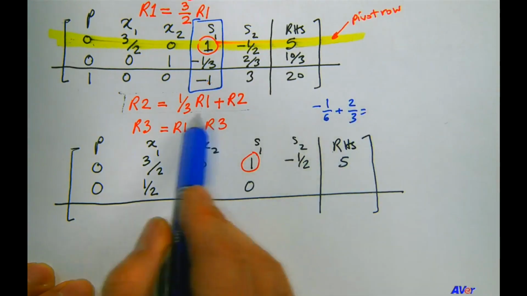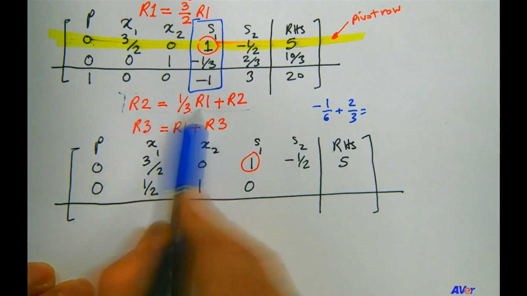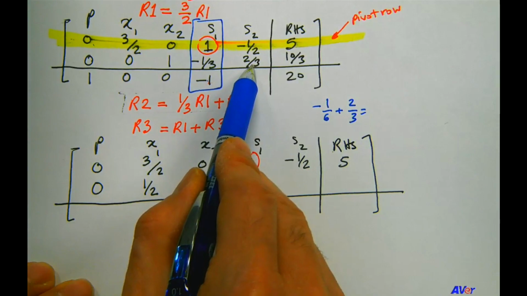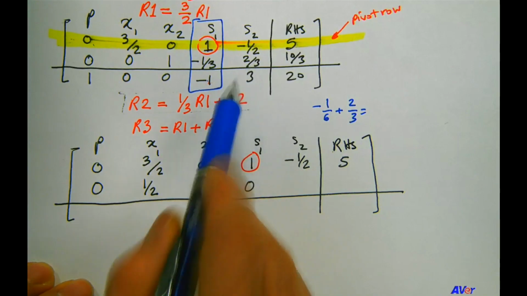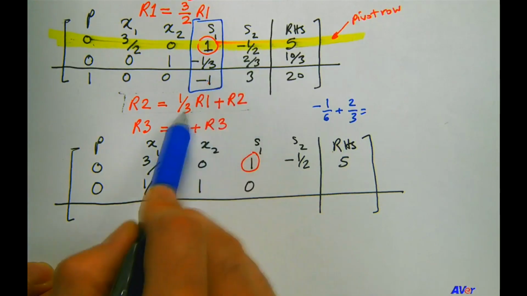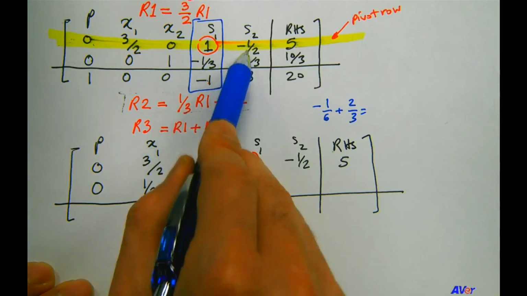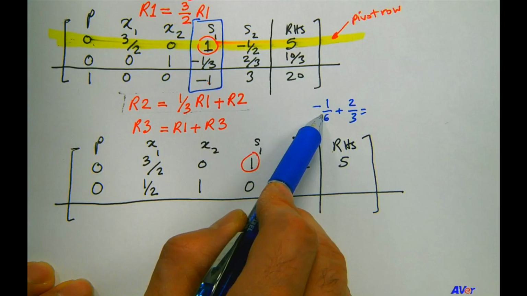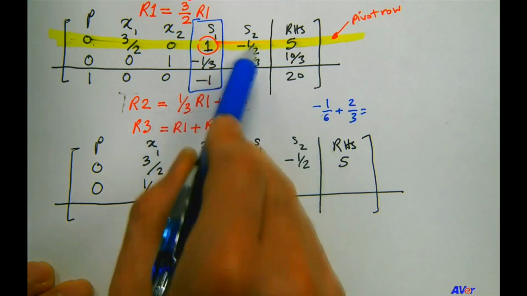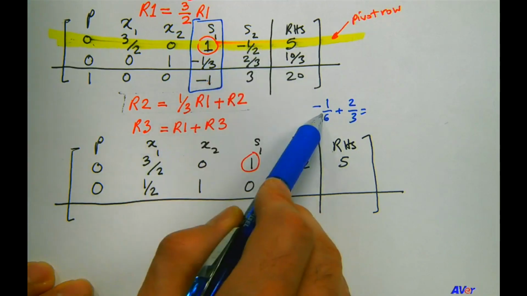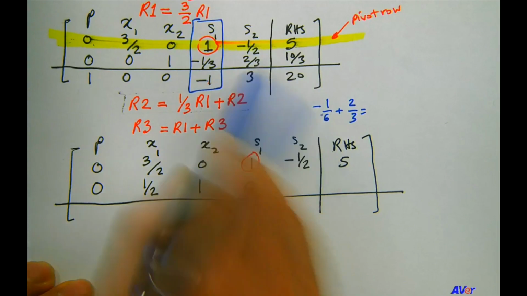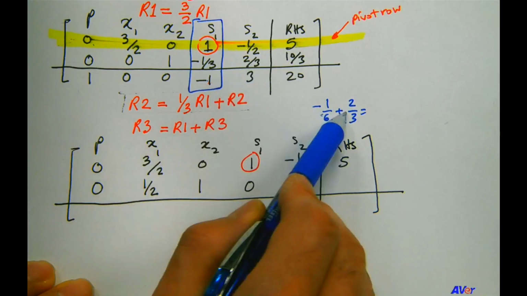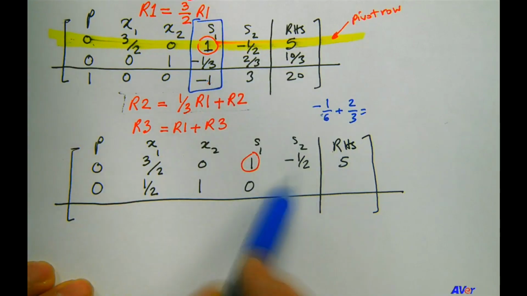So I'm still carrying out this row operation. 1/3 times minus 1/2 is minus 1/6, and then I'm going to add it to this 2/3 to see what number I need to write down here.